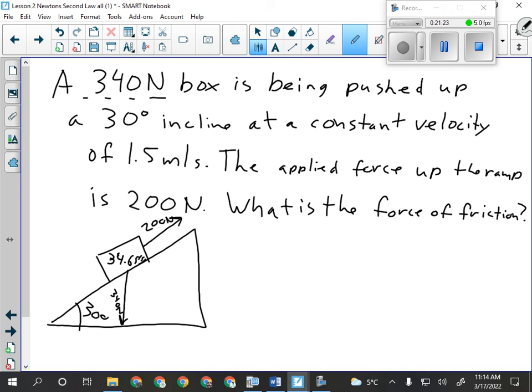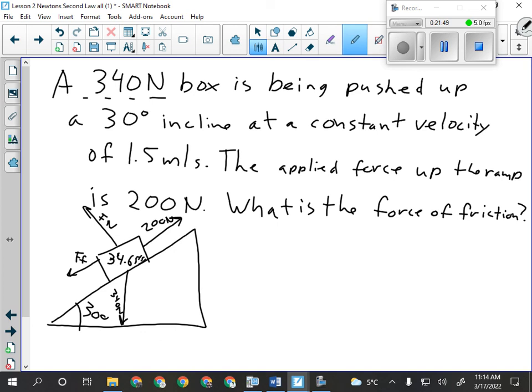They also tell us that friction is acting, and which way is it going to act? Down the ramp. That's the force we're being asked to find. The other forces are obviously normal force and gravity. Now, what are normal force and gravity always going to add up to?